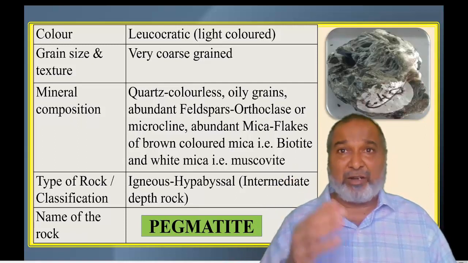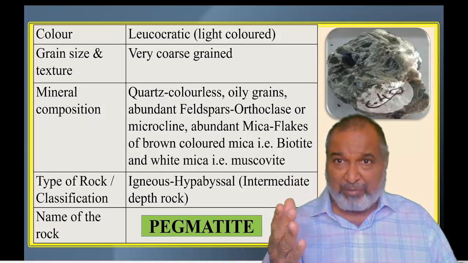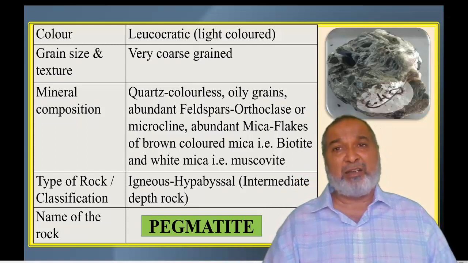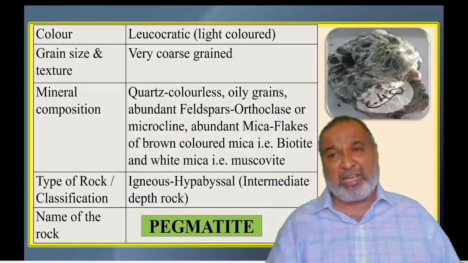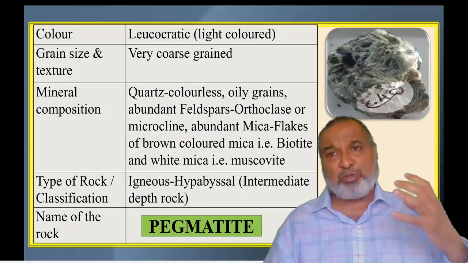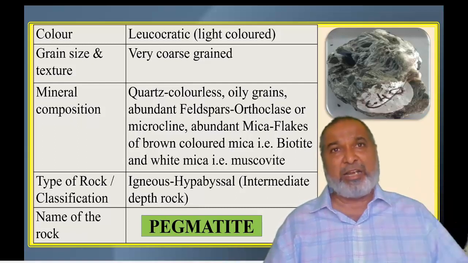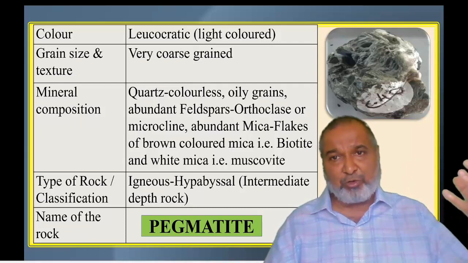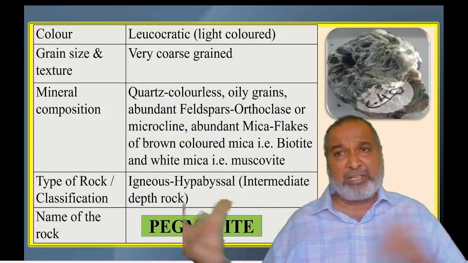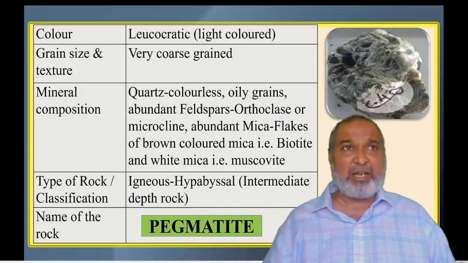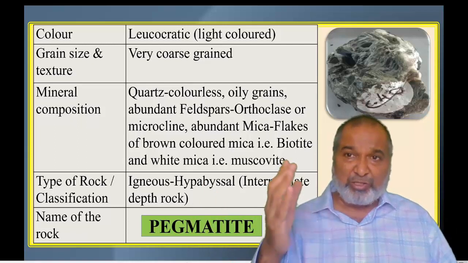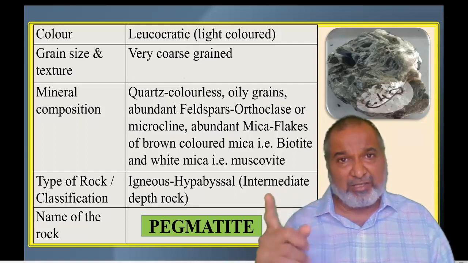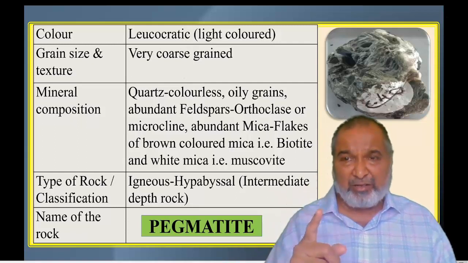Based on the grain size, we would write plutonic. But I told you this is an exception for pegmatite, because it crystallized late, in the intermediate stage, due to gaseous and volatile constituents. It takes 10 or 20 times more time to crystallize compared to plutonic rocks. So the grain size in pegmatites is bigger than in plutonic rocks. So this is hypabyssal, and it is acidic. Yes, that is very, very important: hypabyssal.